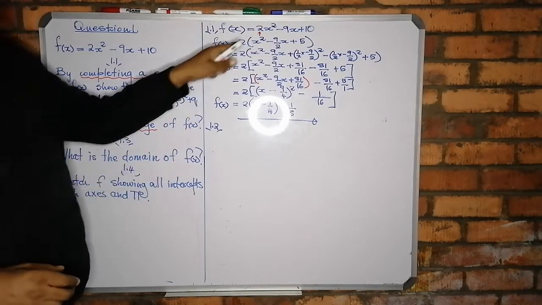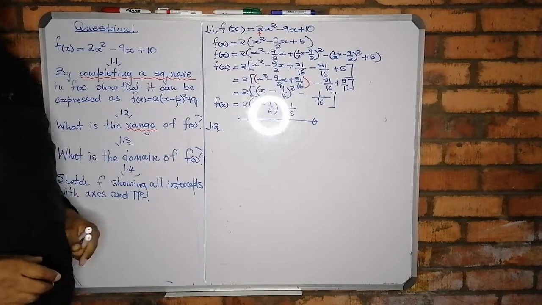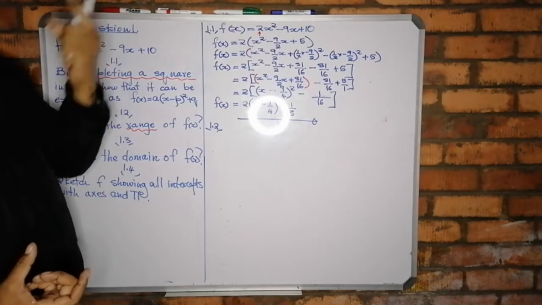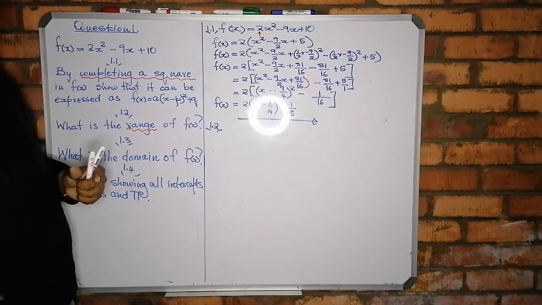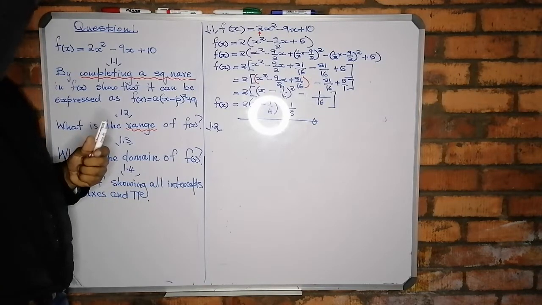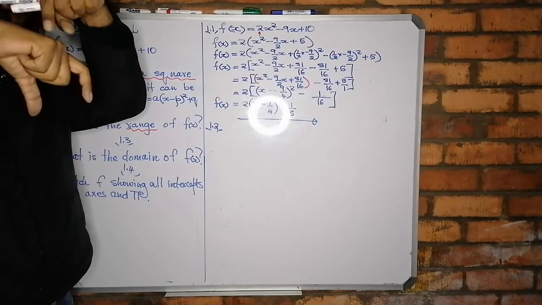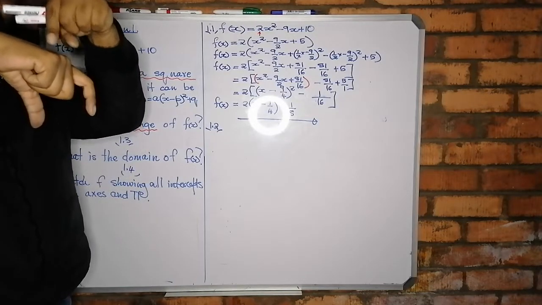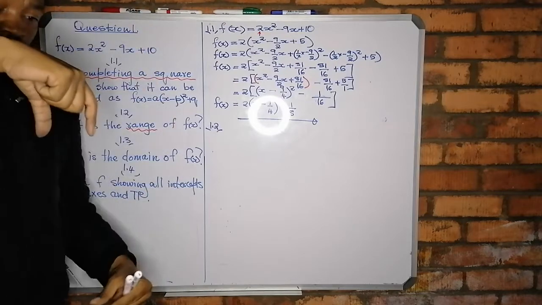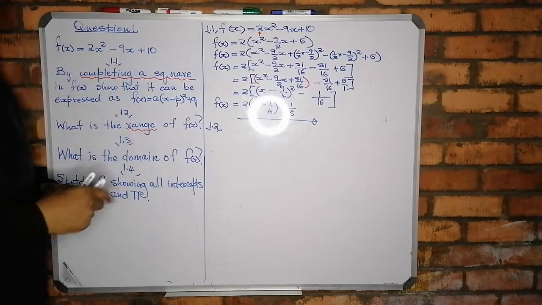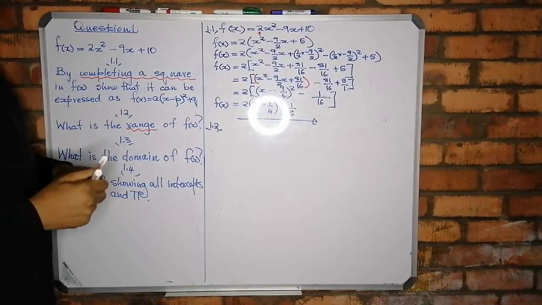That means if the function has a minimum y value and it is concave up, it means from minimum to maximum. If it is concave down, it would have a maximum value at the turning point, and going to minimum, it would mean from minimum to maximum, all the values of y.